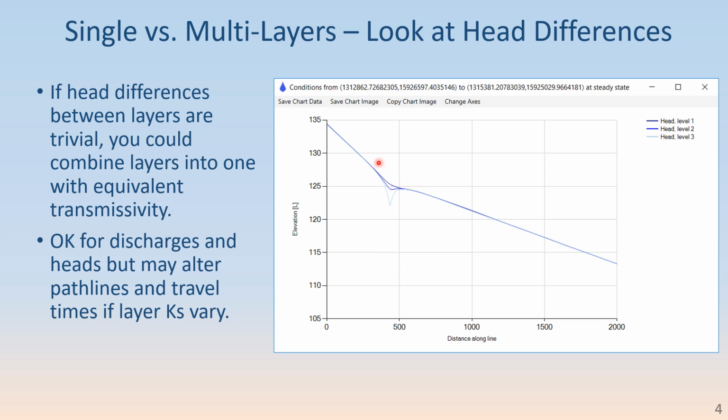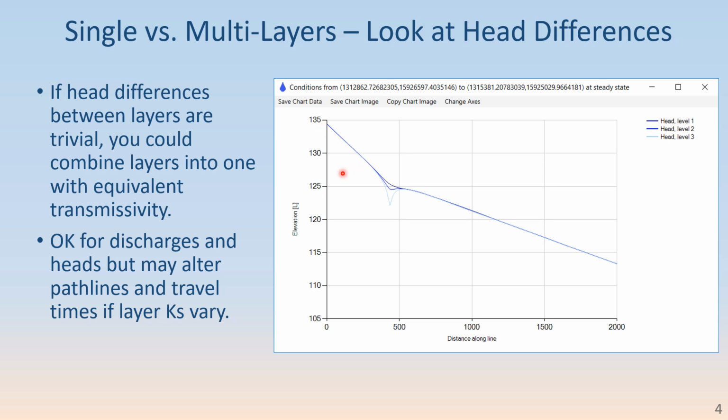So you could conceivably, in this case, use a stack of 3 domains right in the near vicinity of the well, within a couple hundred units of the well, and then outside that, go back to a single layer and save yourself a lot of computation.